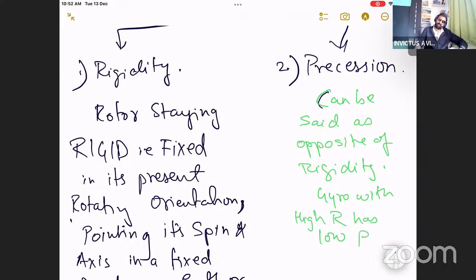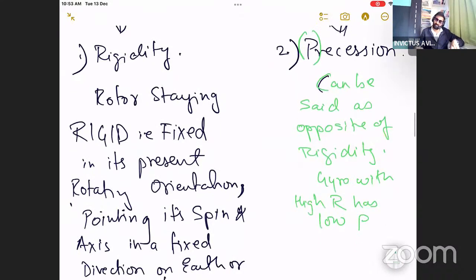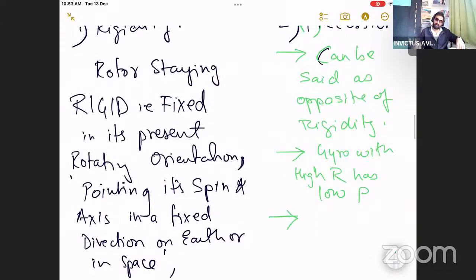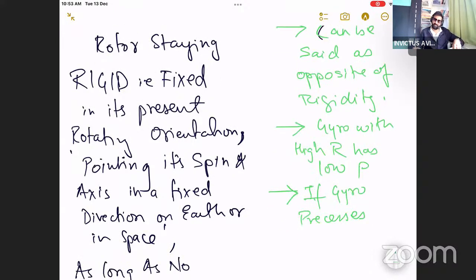Precession, you can say capital P, just like rigidity is capital R. Write everything point-wise. And the next point you can write: if a gyro precesses, that is, has the precession, if the gyro precesses a lot, it means it has low rigidity.